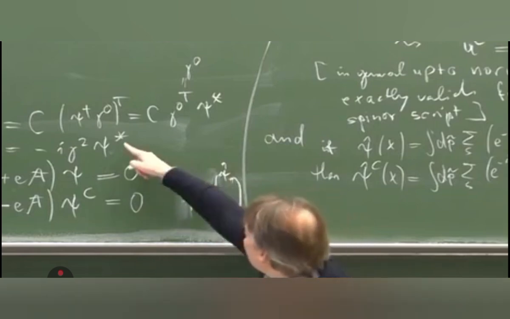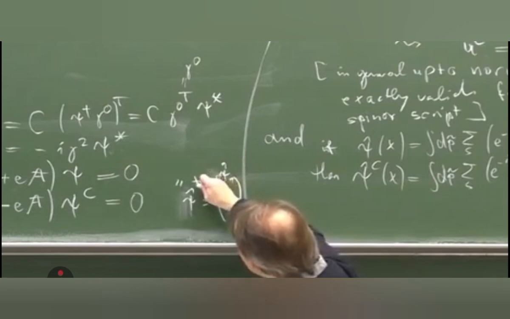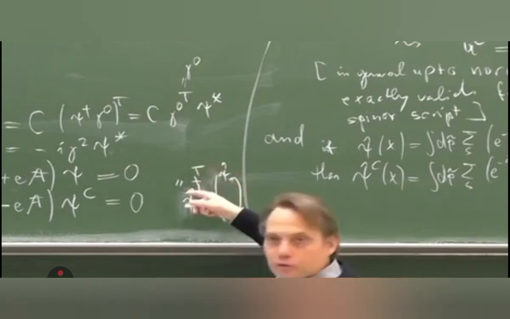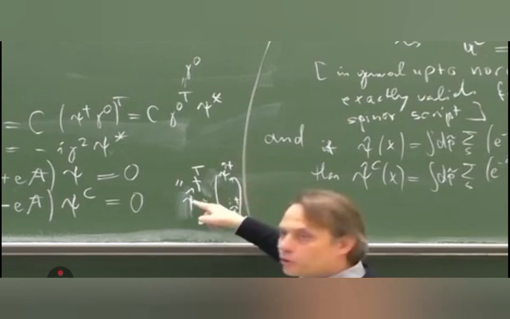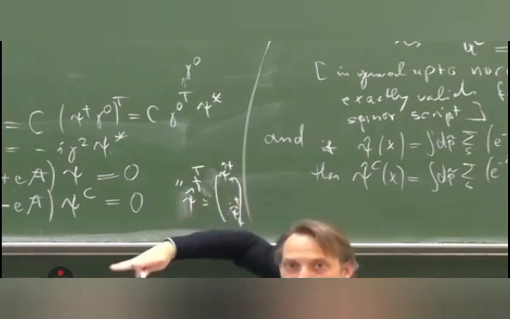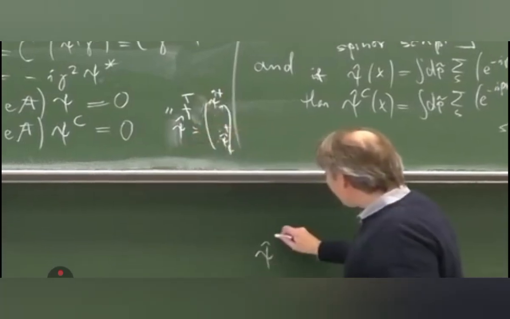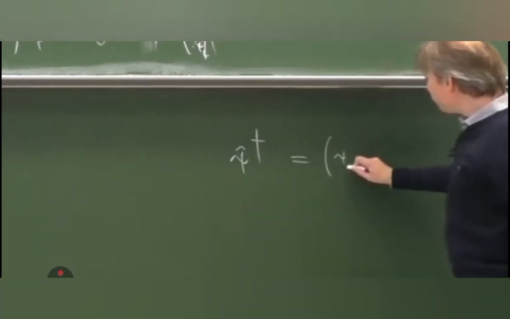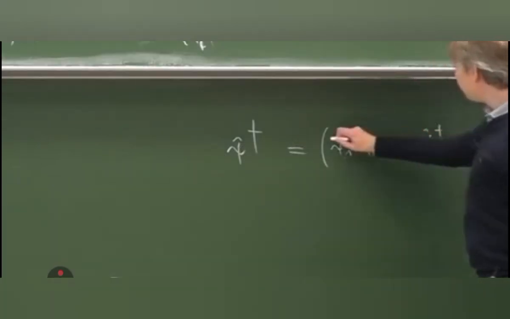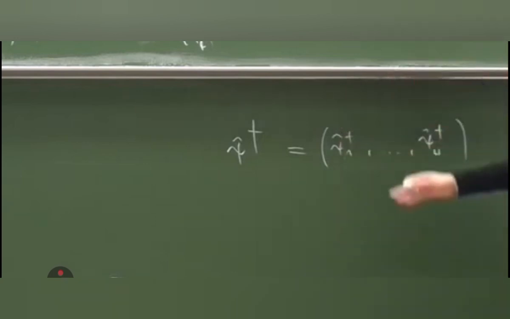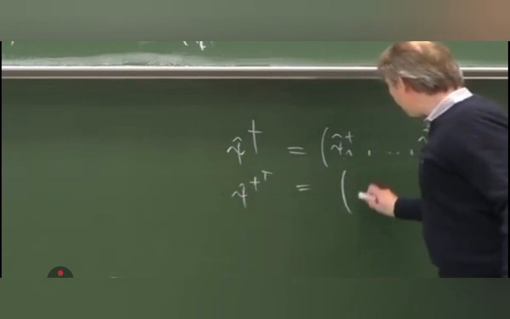And the star means, you should write it as dagger and transpose. That means each component gets a dagger, but we do not get a row vector. So psi dagger normally would be psi 1 dagger, comma, up to psi 4 dagger as a row instead of a column. But psi dagger transpose is a column.